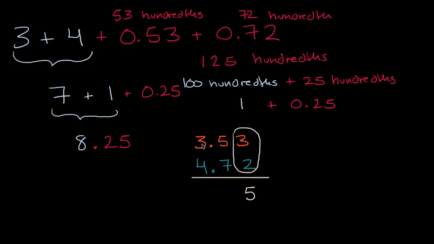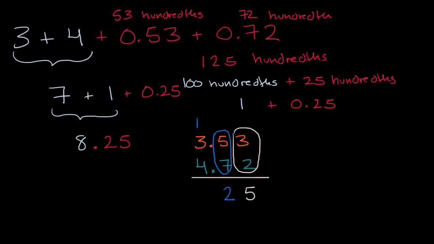But you can't write 12 tenths in the tenths place. But 12 tenths is the same thing as 1 and 2 tenths. So you can write the 2 tenths in the tenths place. And then you take the 1 and you put it in the ones place.